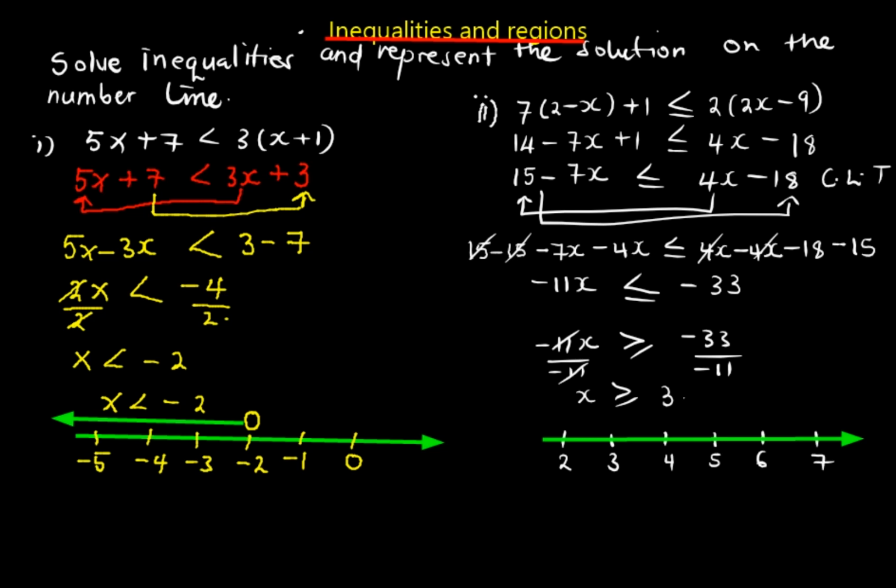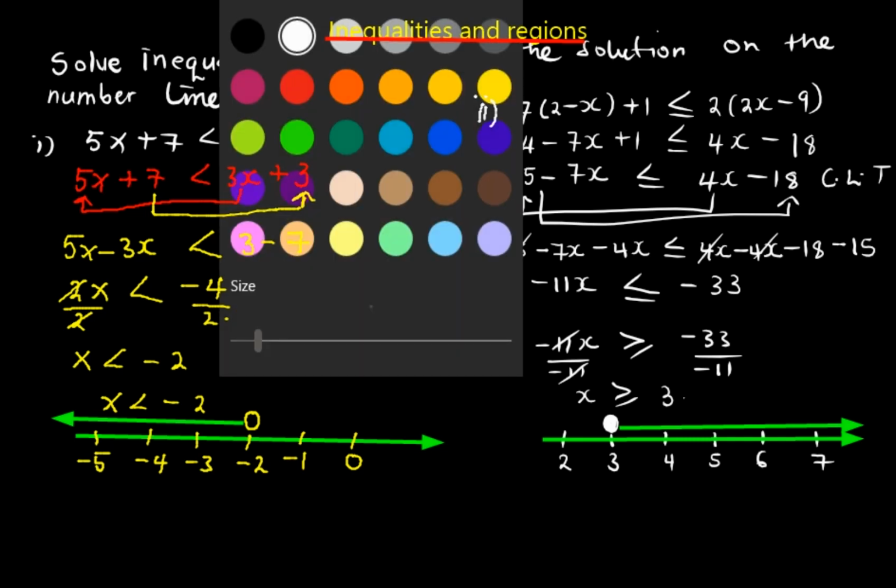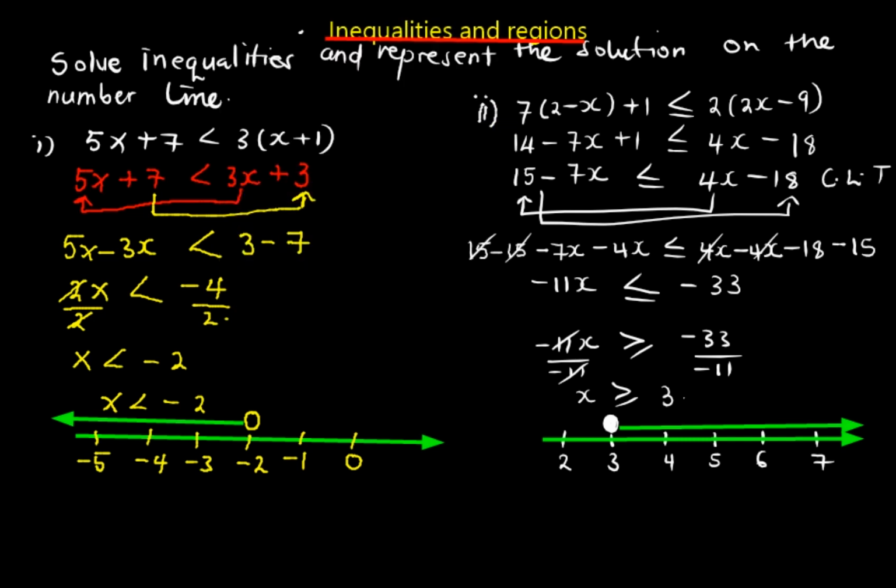And x equal to 3 is inclusive. Therefore, we are going to use a closed circle like that, and we move towards the right like that. So this is x is greater than or equal to 3.